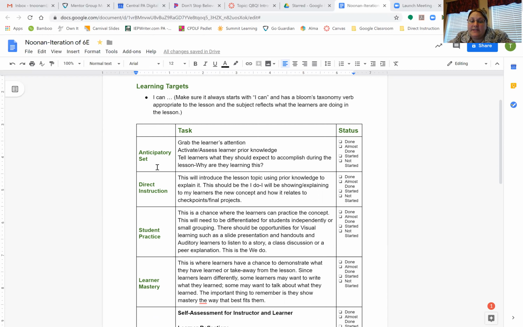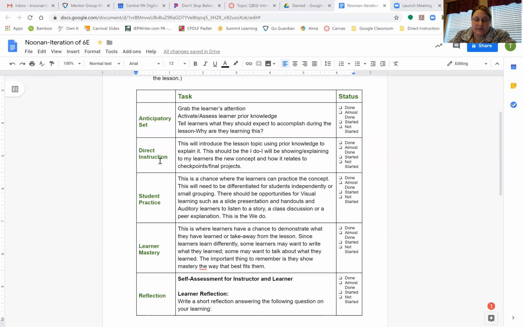To activate and assess prior knowledge, maybe a class discussion, some questions to have them think about. And then I like to tell the learners, what are we doing today? What should you accomplish by the end of this lesson? And why are they learning this? I'm not just teaching this because I want to, there is a reason.